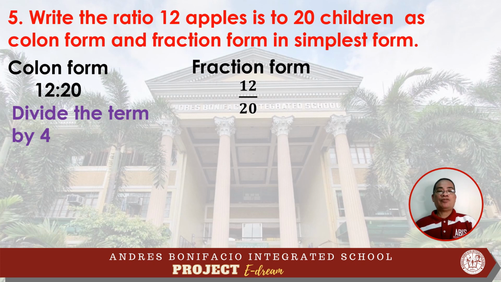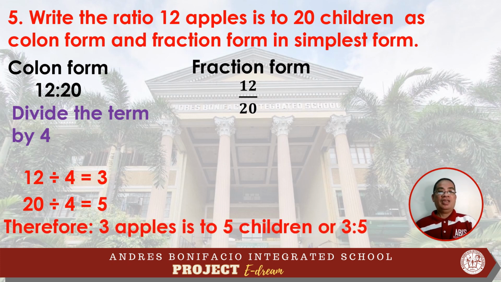To get the simplest form, divide the terms by the GCF of 12 and 20. The GCF of 12 and 20 is 4. 12 divided by 4 is 3. 20 divided by 4 is 5. Therefore, 3 apples is to 5 children, or 3 is to 5.